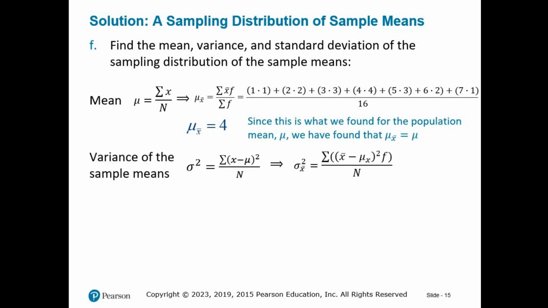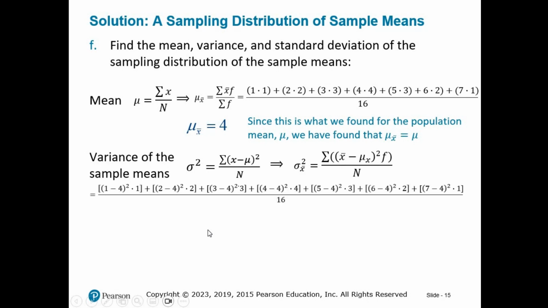Next, we find the variance of the sample means. This is a little trickier to follow, but if you look at each part individually, you can track it. The first part is the first x bar, 1, minus the mean, 4. The difference is squared, and is multiplied by the frequency 1. Then, this is added to the next x bar, 2, minus the mean, 4.